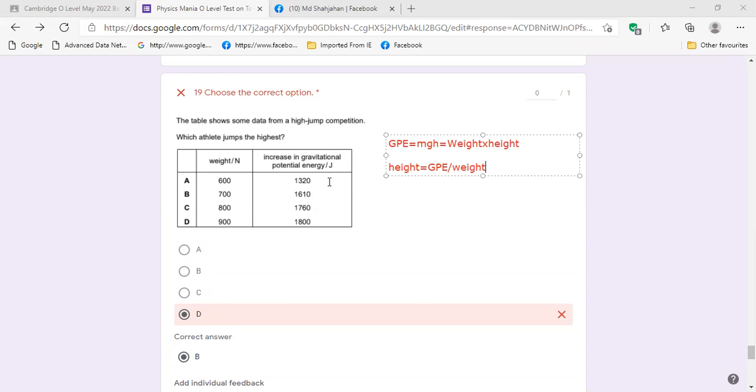So tell me what is the first height given here? 1320 divided by 600.